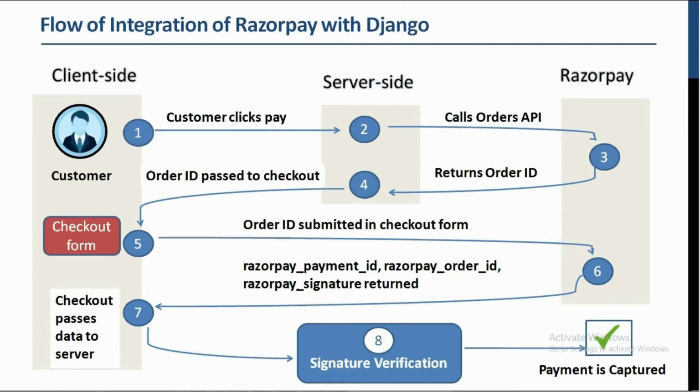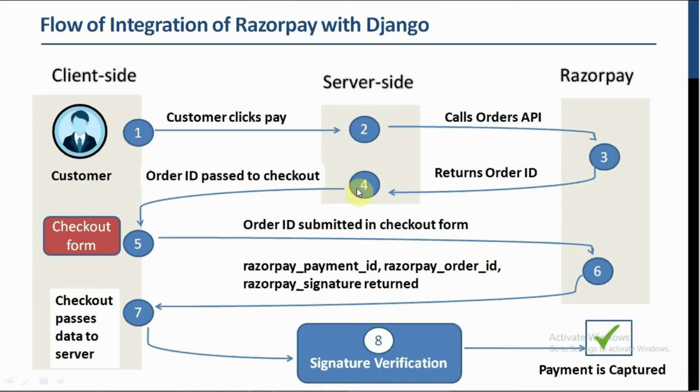For buying your product, the customer clicks on the pay button, and this sends a request to the server side, that is your site, where you call the order API of Razorpay to create an order at the Razorpay server. Then Razorpay returns an order ID by creating the order for the request.